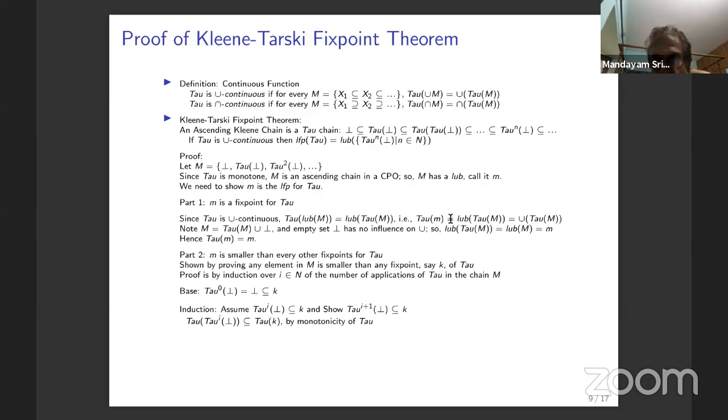So only the first part needs the continuity property of tau; for this one, you can just use monotonicity.